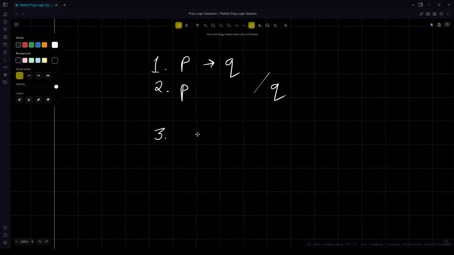I'll give you a hint. You know what, we'll do this exercise later. Okay, fine, I'll give you the hint. This is not P or Q. We haven't done this, but this is material implication.